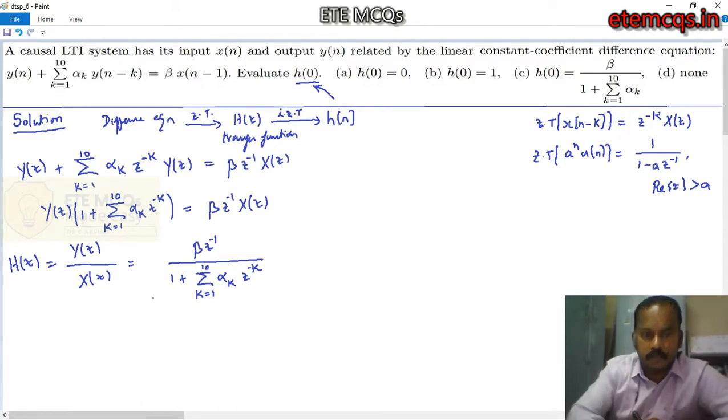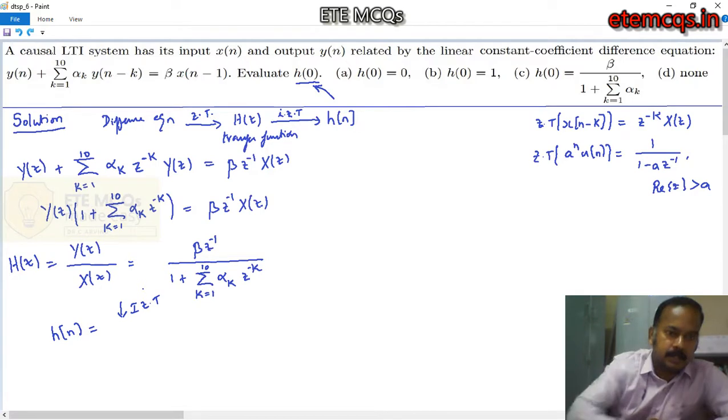From this step there are two possible ways to proceed. One is by taking inverse Z transform. Once you take inverse Z transform, H of z becomes h of n. You will have beta as such, and everything is in the denominator, so this rational function corresponds to a right sided sequence.